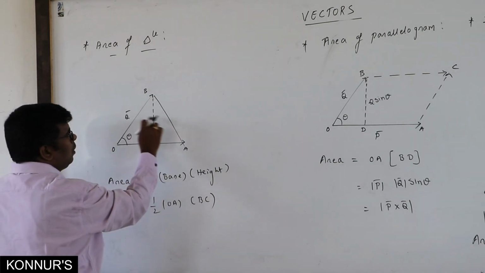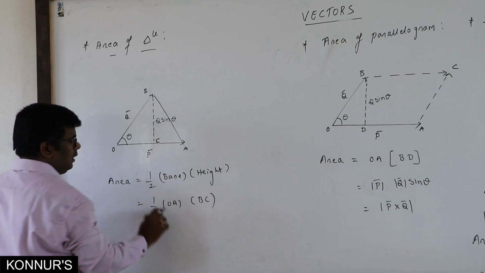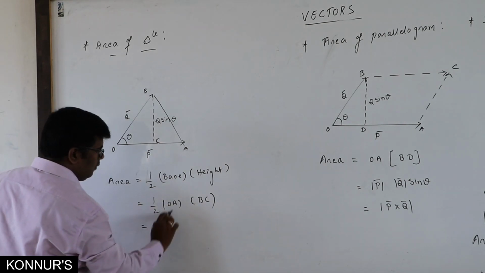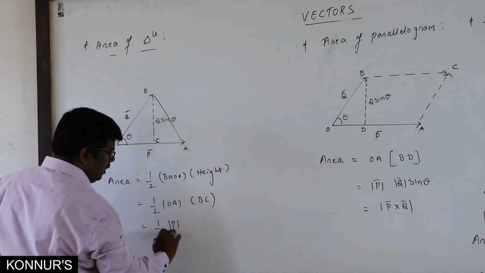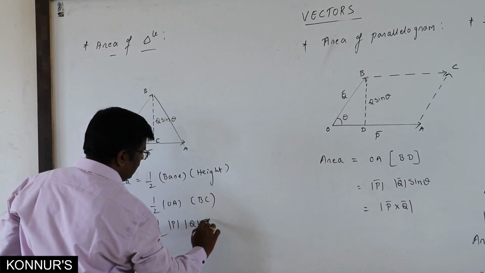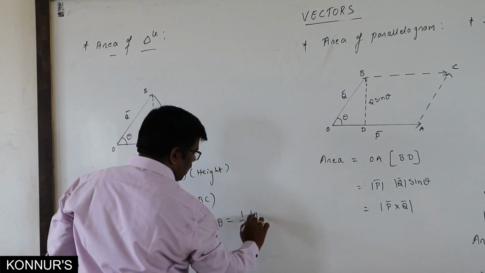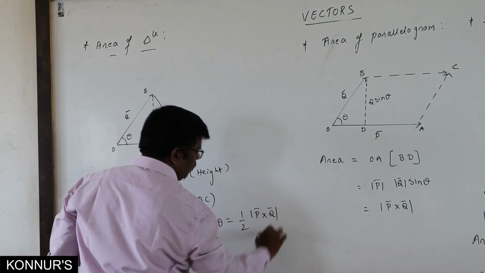What is the perpendicular component of Q bar? That is Q sin theta. So half OA is the magnitude of P, and OB is the magnitude of Q sin theta. Then you can write this as half of the modulus of P bar cross Q bar.